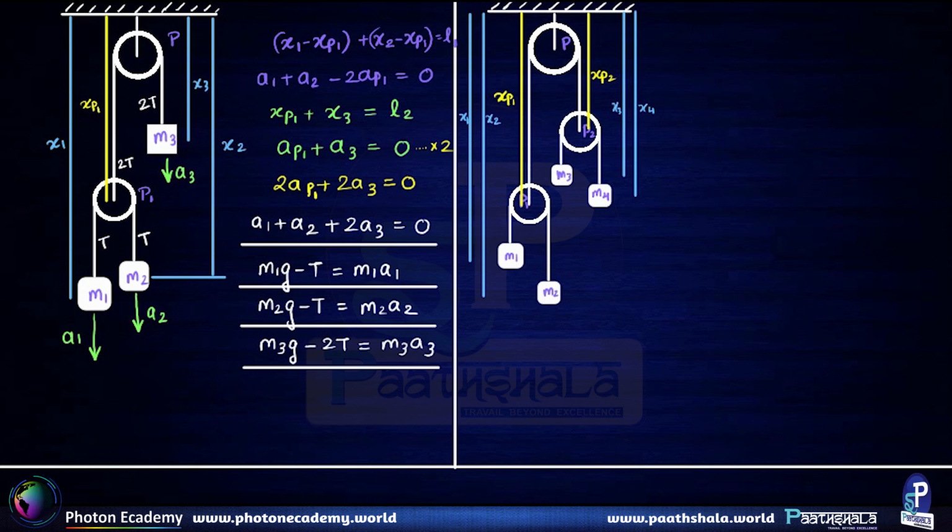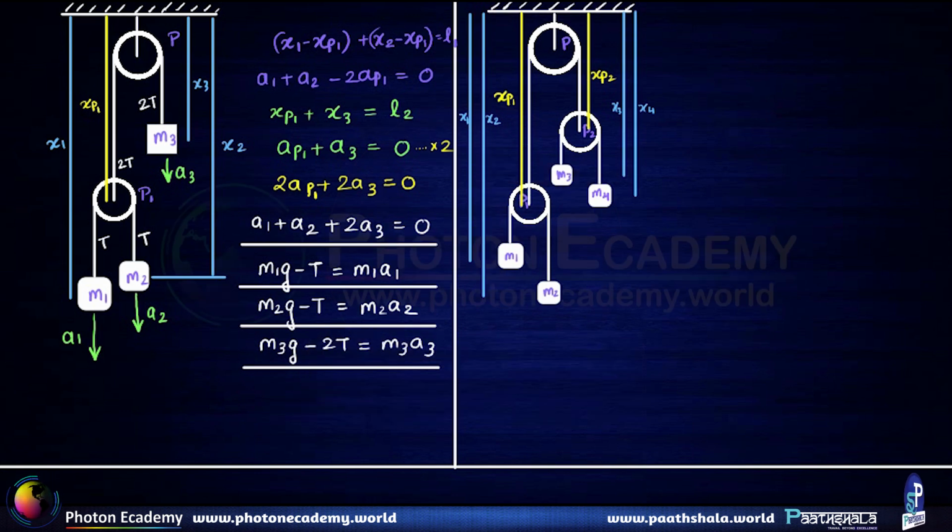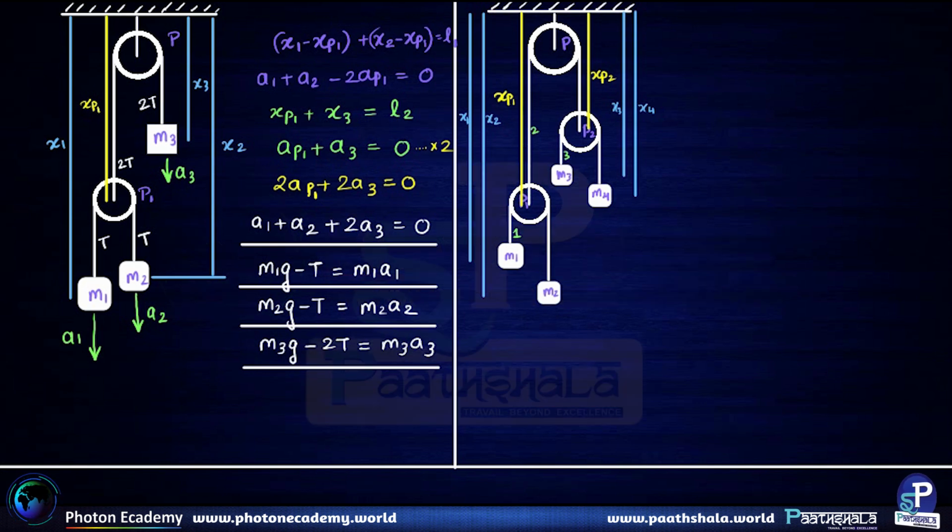On analyzing the constrained motion relation, here there happen to be 3 strings instead of 2. So let me label the strings as well. So let this be string 1, let this be string 2, and let this be string 3.